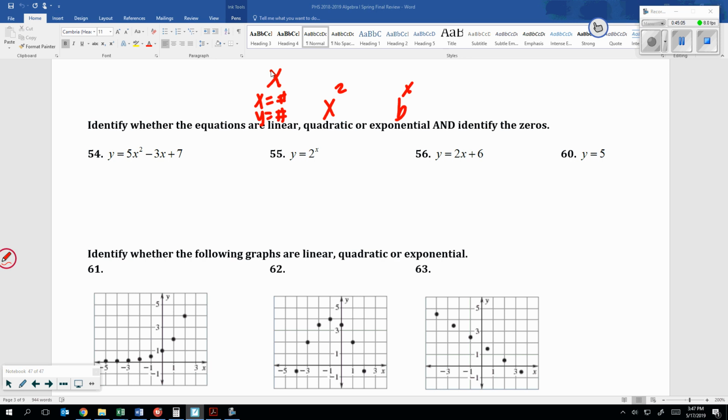Okay, so 54, when we look at it, it has an x squared, so we know it's quadratic.